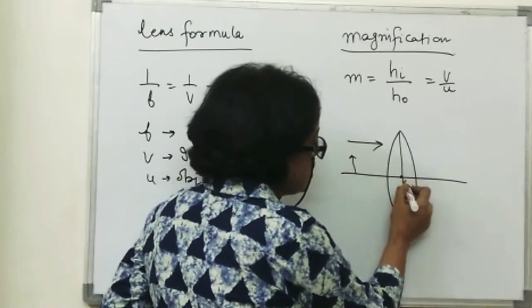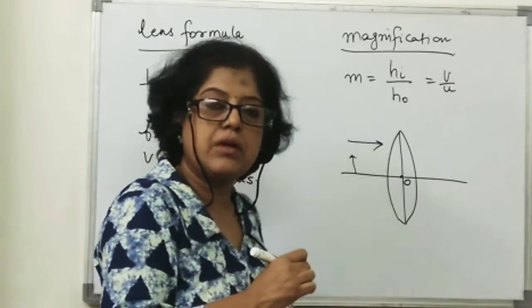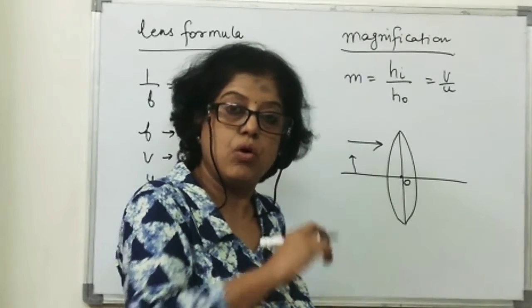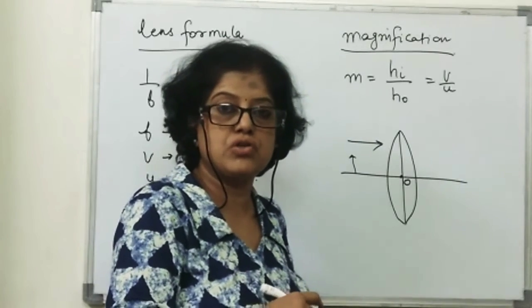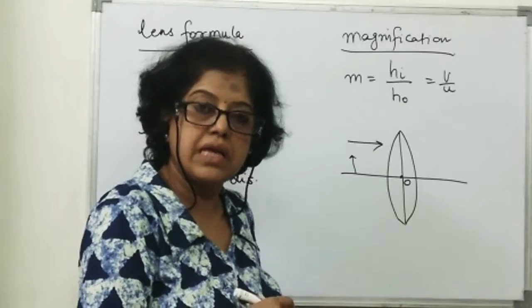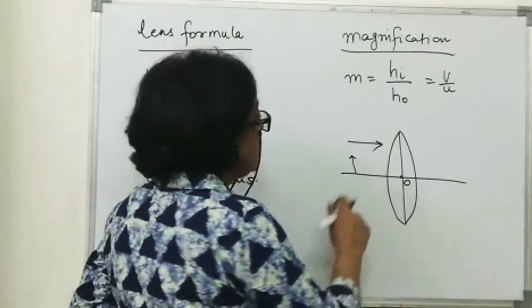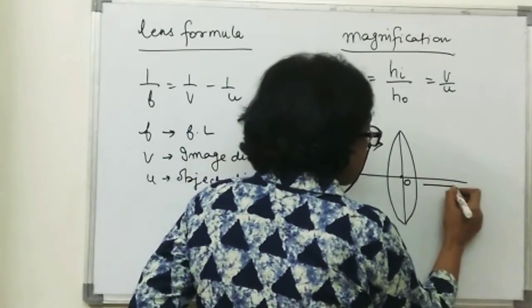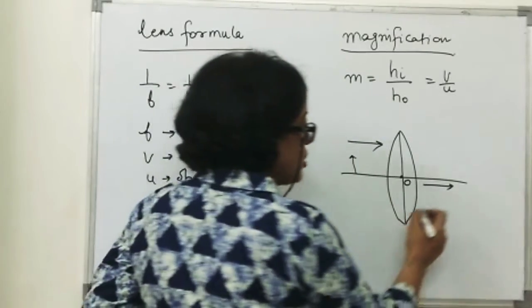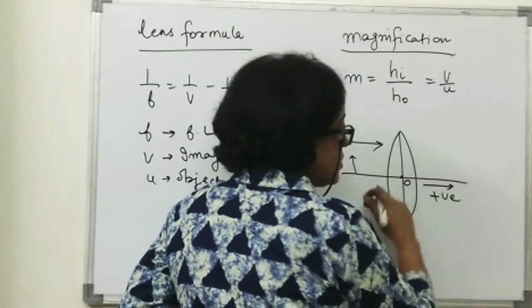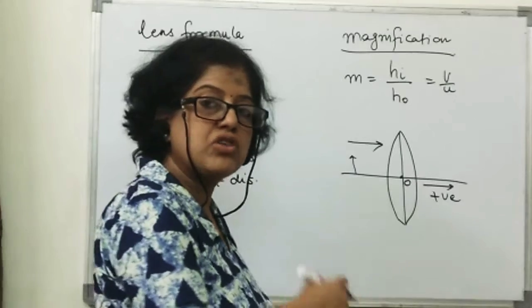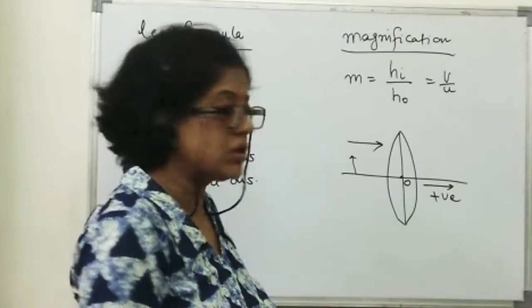Secondly, all the distances measured for lenses are measured from the optical center. All the distances which are horizontally measured are measured from the optical center. Thirdly, the distances measured in the direction of incident light are taken as positive. That means the distance measured from O from left to right, we take as positive.